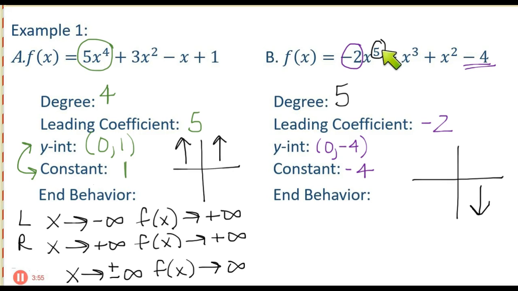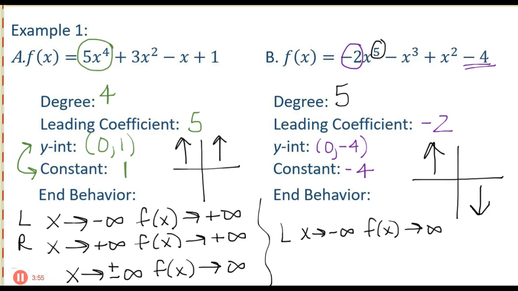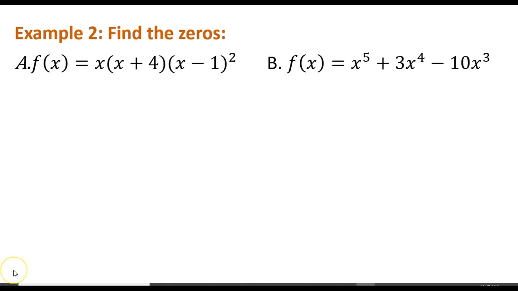But because my degree is odd, it does the opposite on the left. So on the left, as x approaches negative infinity, f of x is approaching positive infinity. And on the right, as x approaches positive infinity, f of x is decreasing, approaching negative infinity.